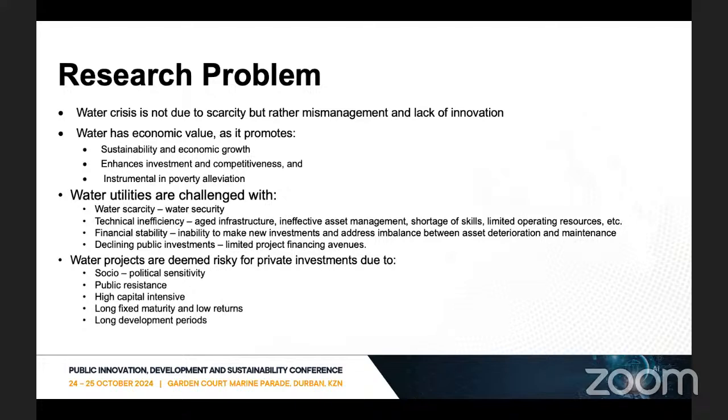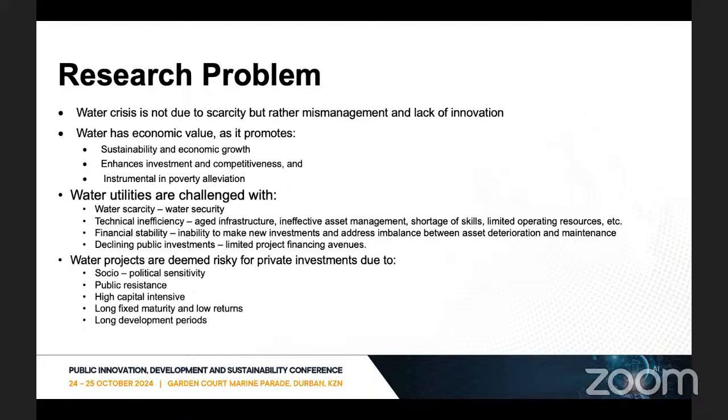So what are the challenges that the water utilities are facing that Emalahleni was probably trying to resolve given the initiative that they embarked upon? One, water scarcity relates to water security. So this could be issues of climate change, or the geological formation of the area being scarce and less water endowed in whatever form.